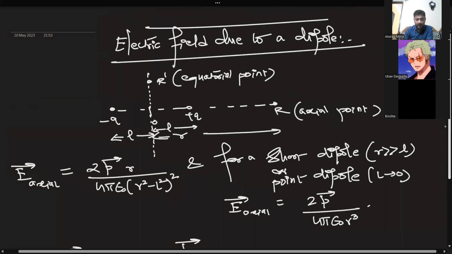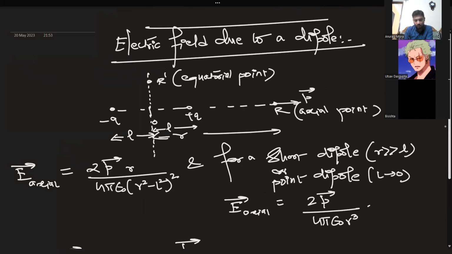We can say that at the axial point, the angle between the dipole moment and the electric field intensity E is 0 degree, right? So at this point, E is parallel to P. On the other hand, here the dipole moment is from left to right, but the electric field is from right to left.